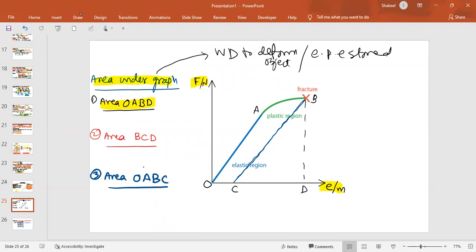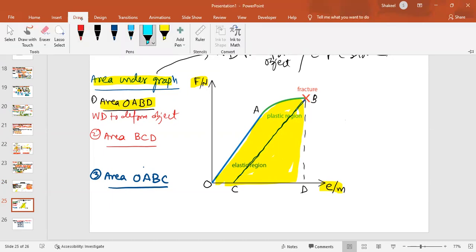First we have to see what type of energy this area represents. OABD is the complete area under the graph. So this area represents the work done to deform the object. You have to do total work in order to deform the object.